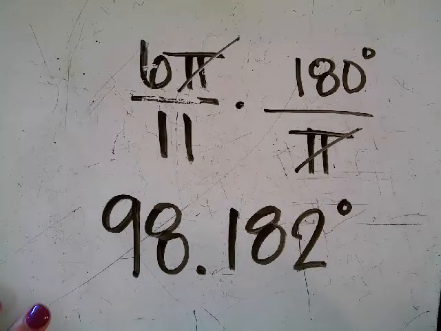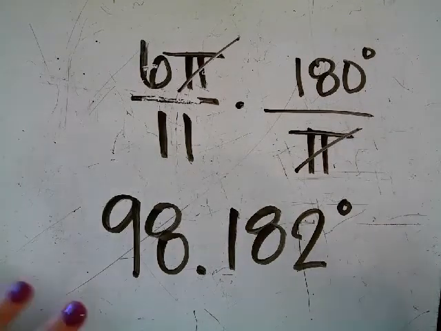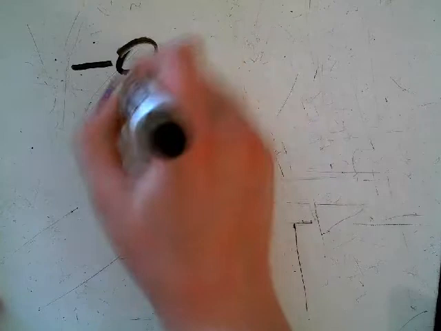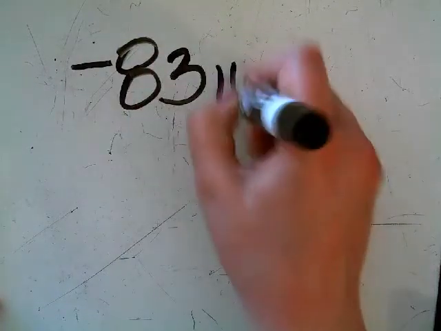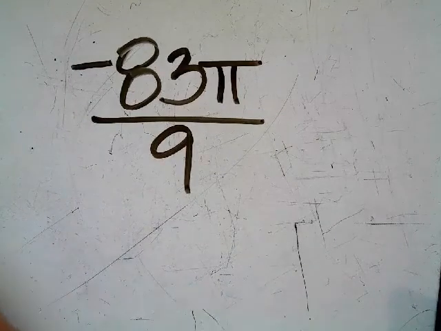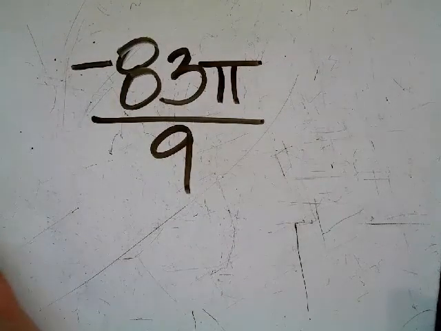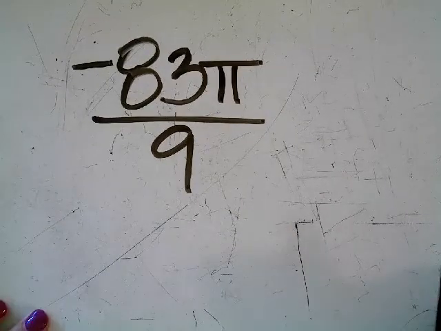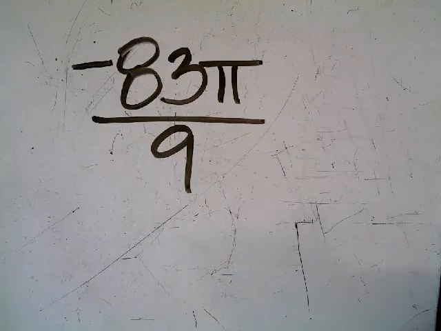All right. Next one. Negative 83 pi ninths. Ooh, be careful.